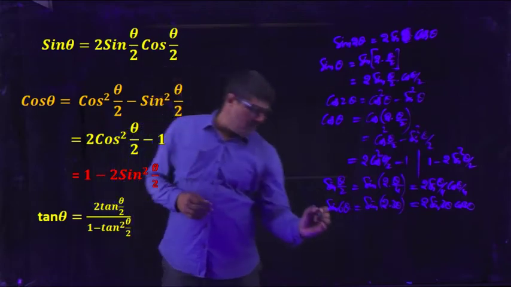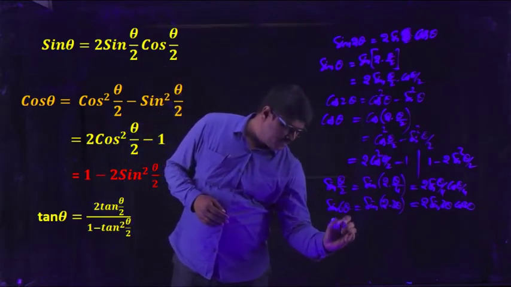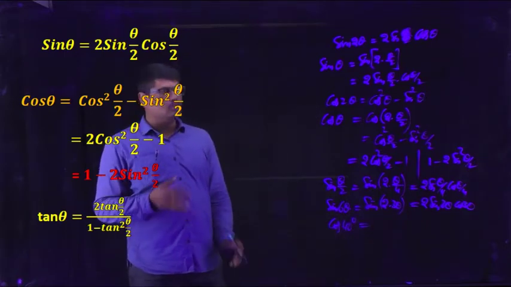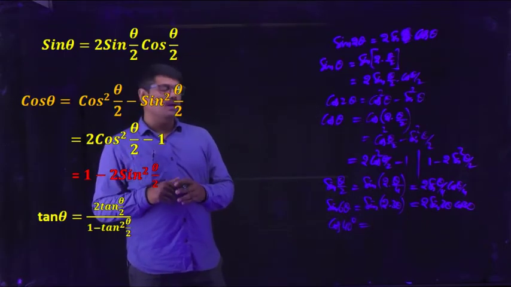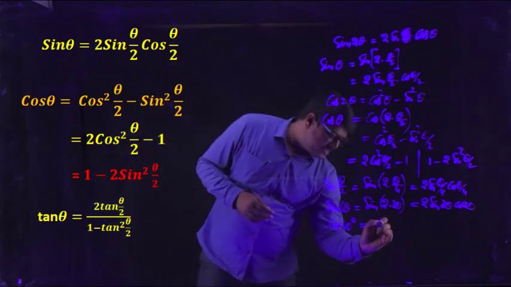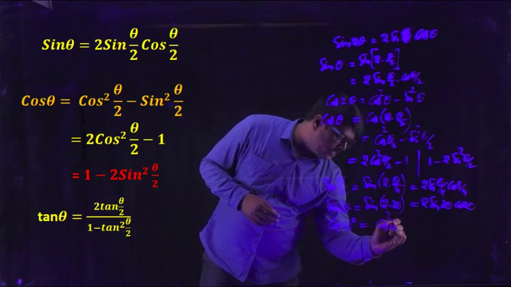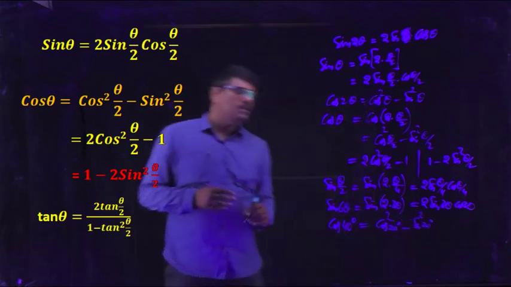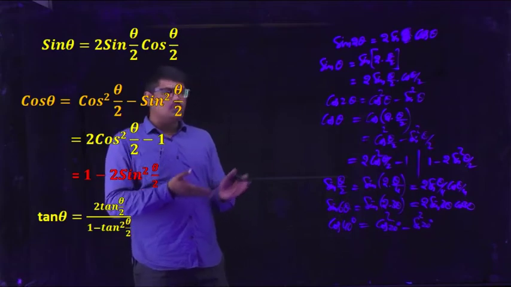So let us try, what is the value of cos 40 degrees? Using the formats we already have, you can write this one as cos square 20 degrees minus sin square 20 degrees. You can write 40 as 2 into 20.